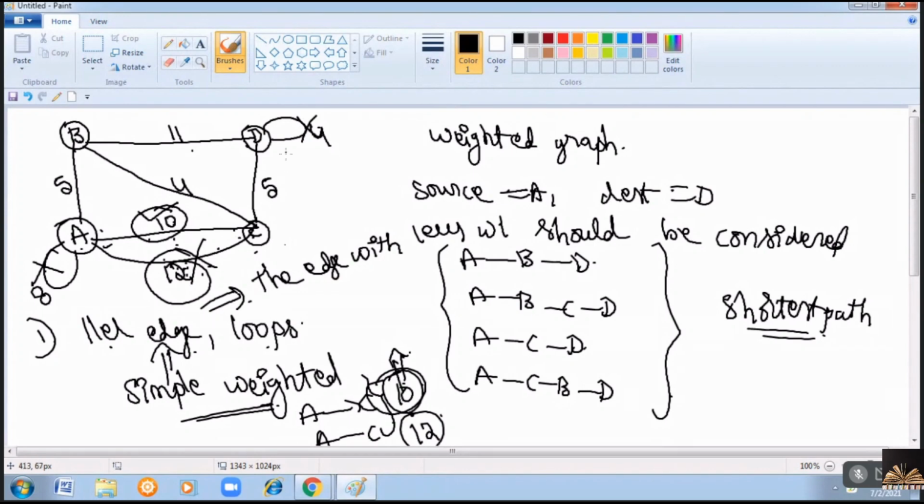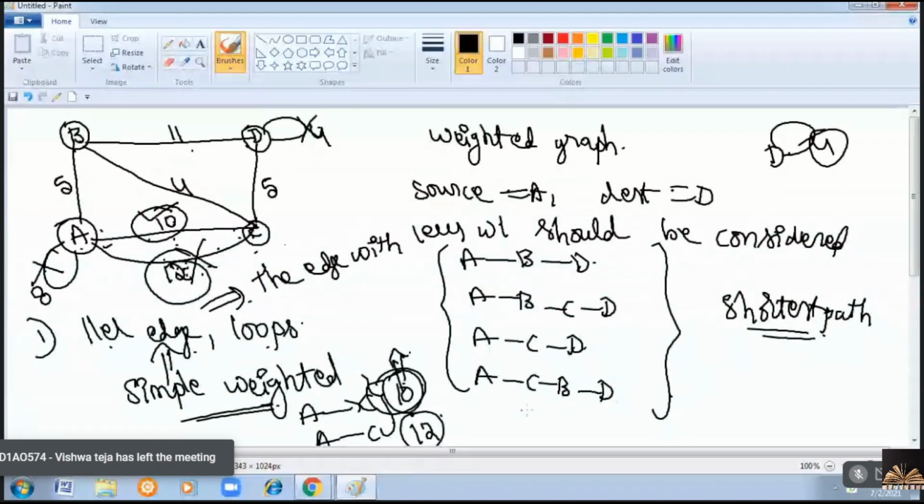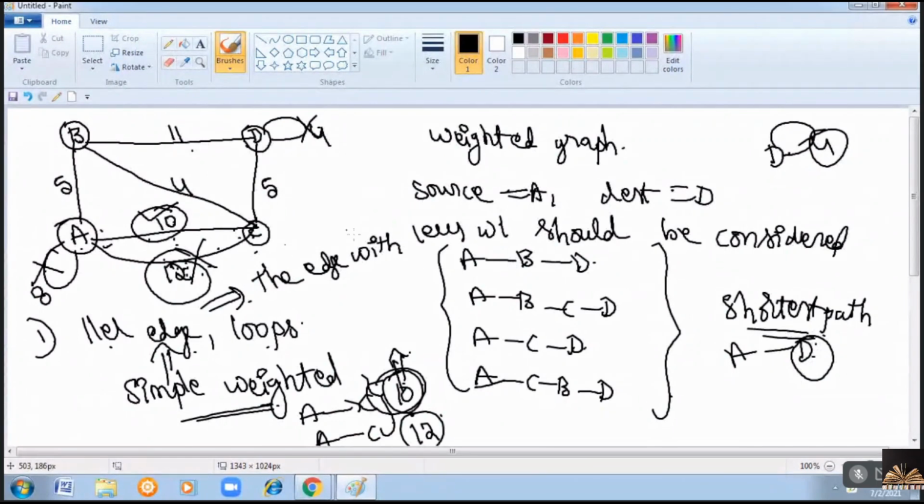And the reason to remove the loops is, here loop means what? To reach from D to D, you require a weight of 4. Let us suppose I want to reach from A to D. Once I reach this destination D, is there any requirement to traverse from D to D again, which increases the path distance?